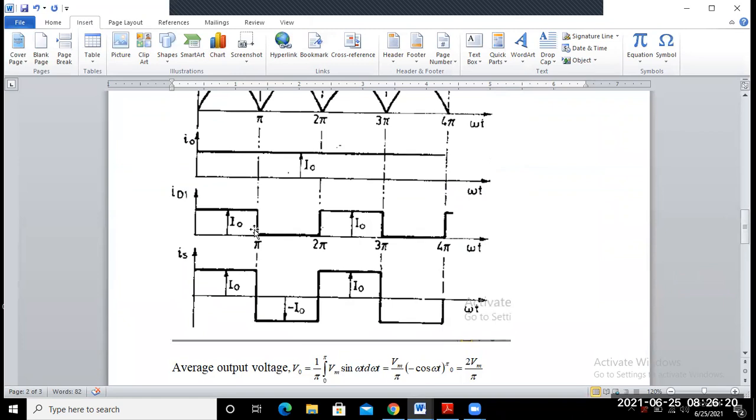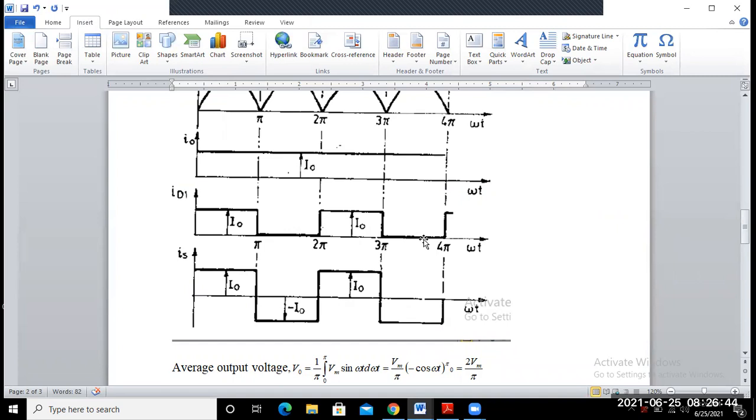From 3 pi again you obtain the output current waveform, and from 3 pi to 4 pi you got zero value through the diode 1.